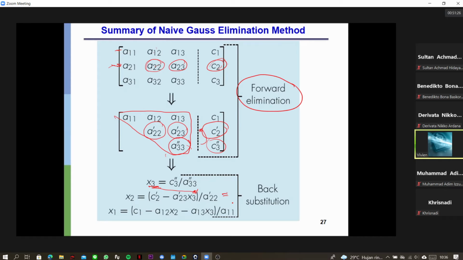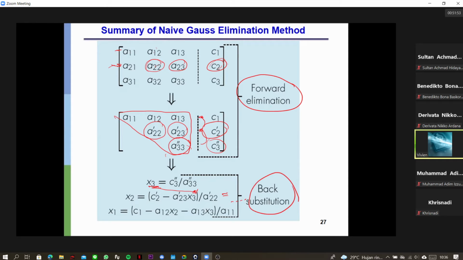So here we have the value of x2. Once we have x3 and x2, we can insert them into the first equation, a11x1 plus a12x2 plus a13x3 equals c1. So if we have the values of x2 and x3, we can find x1. Basically this is the backward substitution stage.